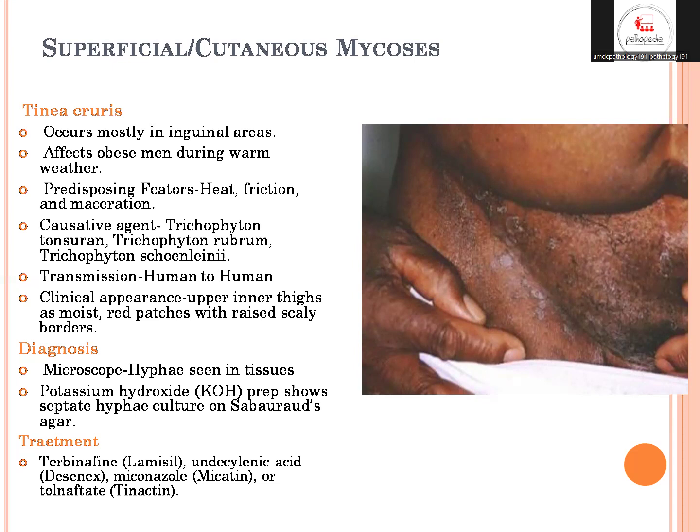Transmitted as usual human to human, and clinically appears on the upper inner thigh as moist red patches with raised scaly borders, and can be diagnosed by microscope as hyphae seen in tissue and can be cultured in the laboratory by using potassium hydroxide preparation on Sabouraud agar. This shows septate hyphae. We can treat it by terbinafine, like Lamisil, undecylenic acid, Cruex, miconazole, or clotrimazole.